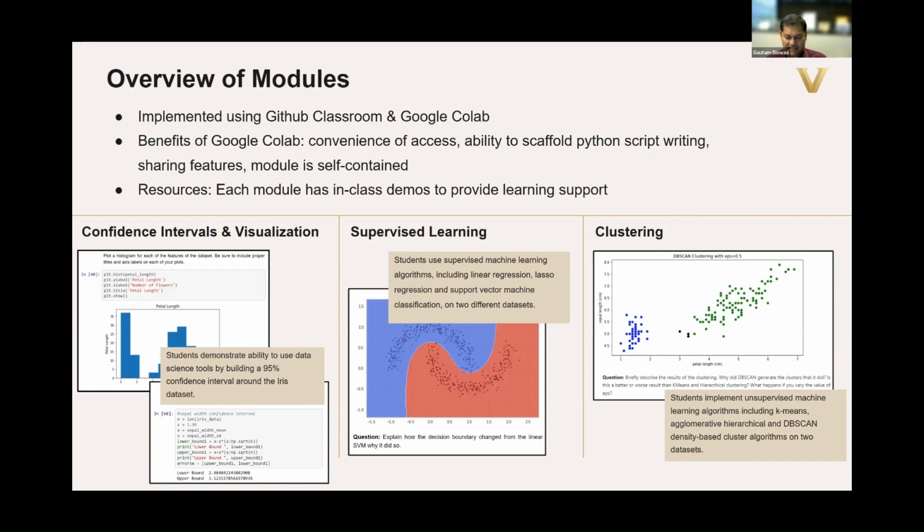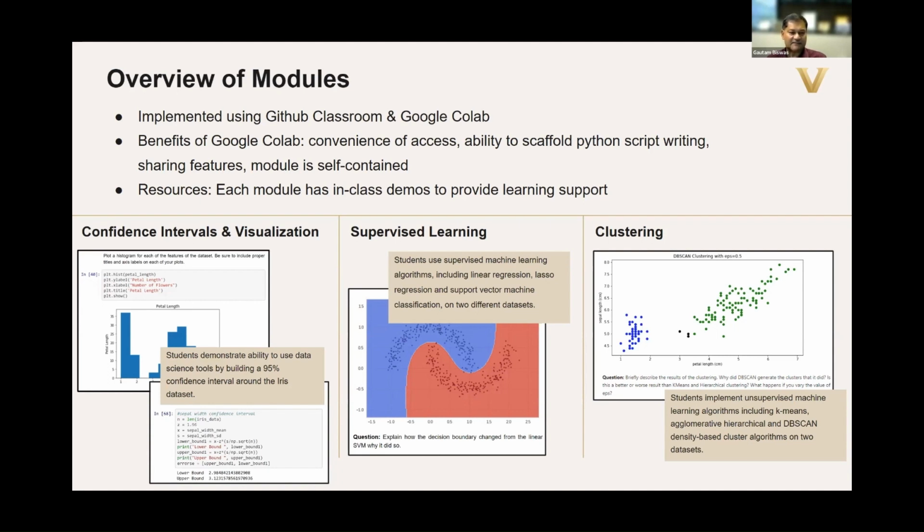One of them is Google Colab, and it's a tool that, instead of having to write programs from scratch, which of course computer science and engineering students are quite familiar with, but others may not be, allows you to create scripts.